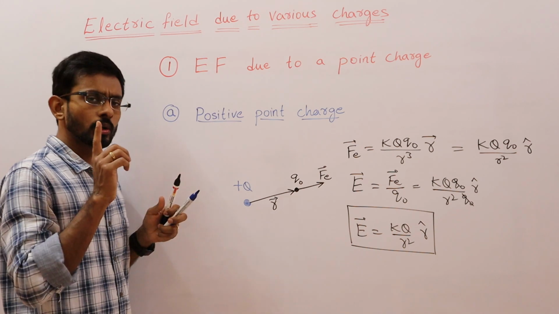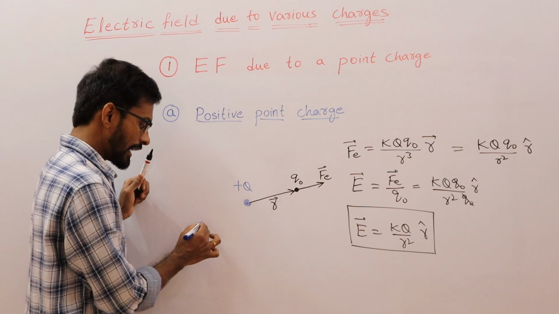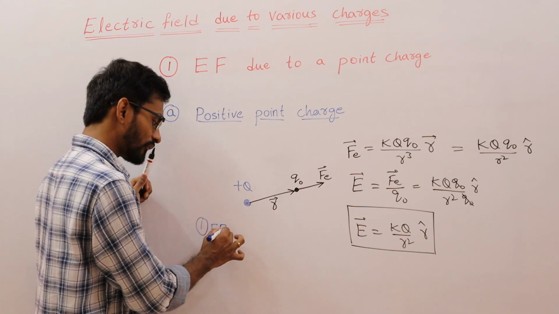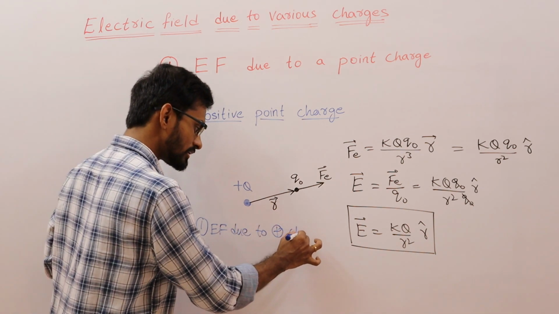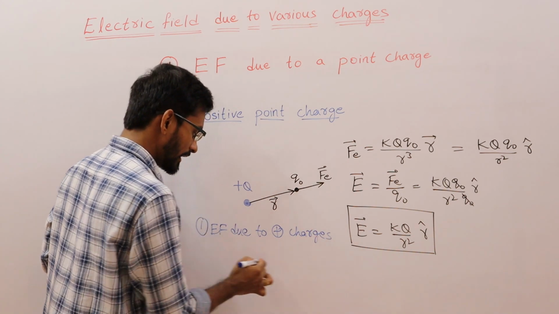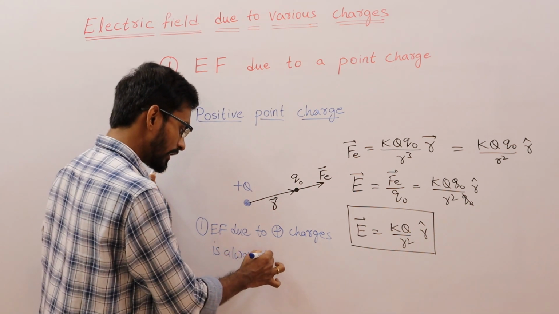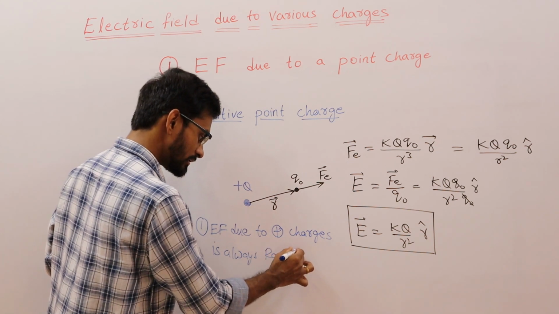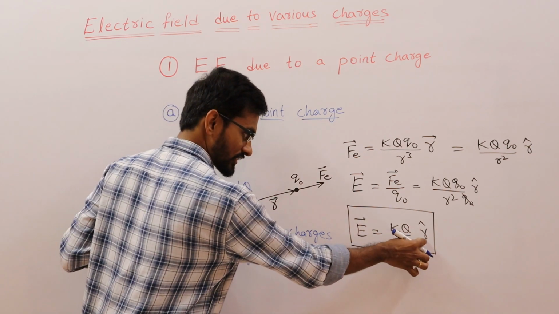Here we can note two important points, two conclusions we can take. The first one, electric field due to positive charges is always radially outwards, because it is r cap.